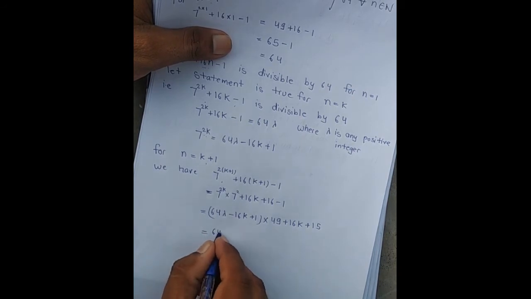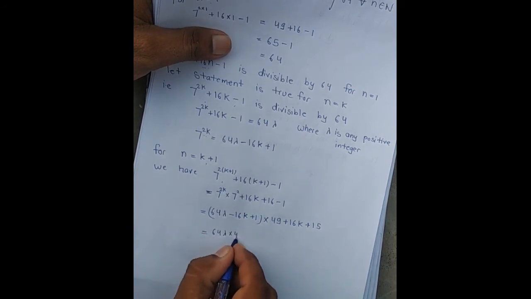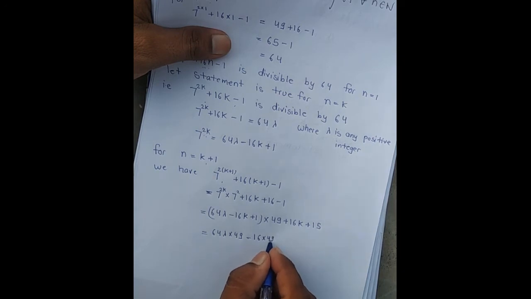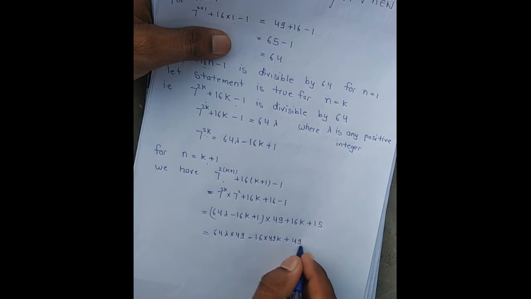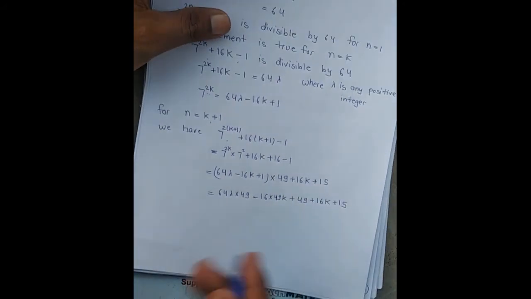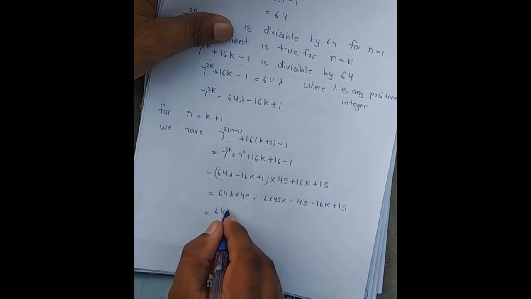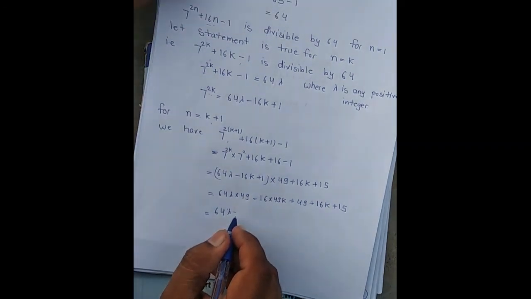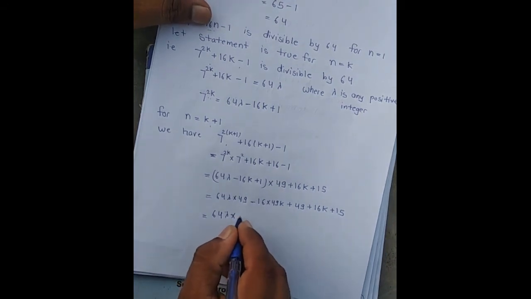Now 64 lambda into 49 minus 16 into 49, 16k into 49 means 16 into 49 into k, plus 49 plus 16k plus 15, 64 lambda into 49.